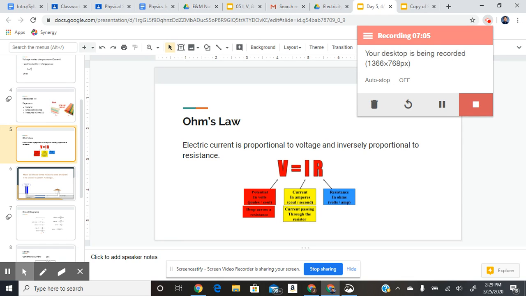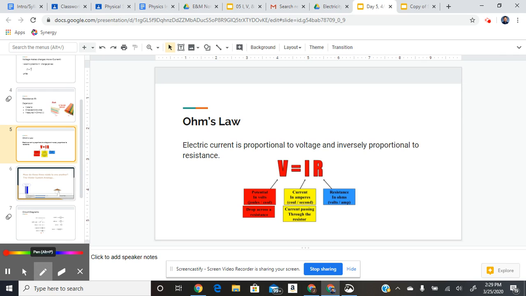The way I like to think about this is in terms of batteries, right? We're using V equals IR. Say I have a 12-volt battery, and that is never going to change. It's a pretty common battery size.